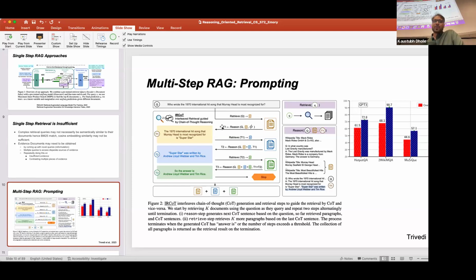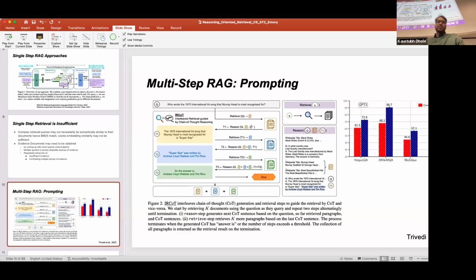Essentially, what they do is that given a query, they first retrieve a set of passages. Once these passages are retrieved, they are sent to the generator, which generates some set of reasoning tokens. Then these tokens are used to retrieve again. So as compared to single-step retrieval, this multi-step prompted retrieval shows improvements across multiple benchmarks.